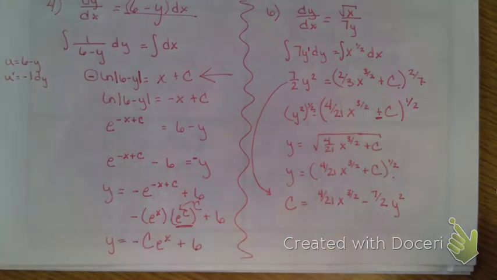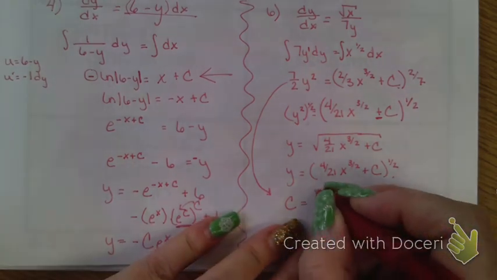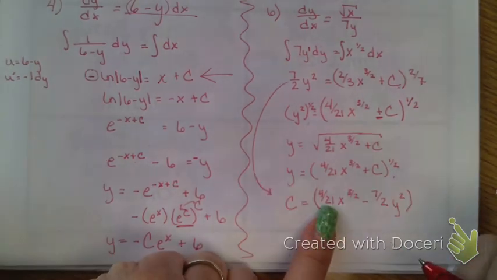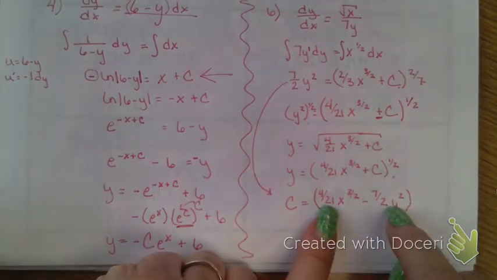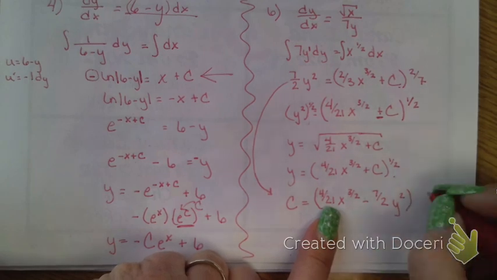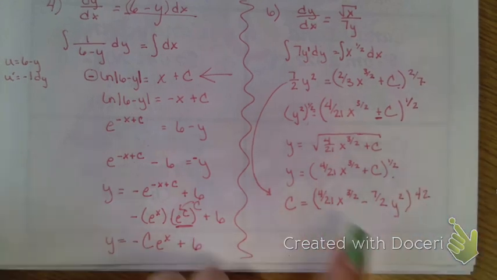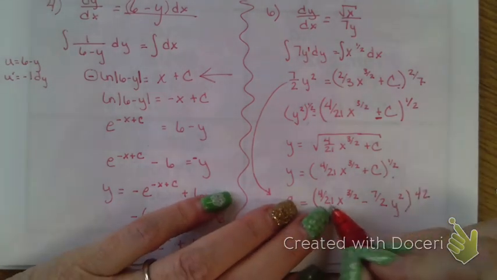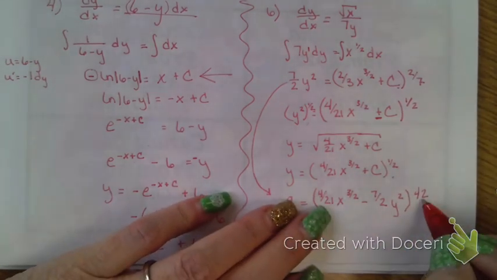Now, here's the fun part. We're not done. I would need to multiply everything. Well, the only way I'm going to get rid of 21 is to multiply by 21. And the only way I'm going to get rid of 2 is multiply by 2. So 2 times 21 is 42. Okay, so 21 goes into 42 how many times? Twice.